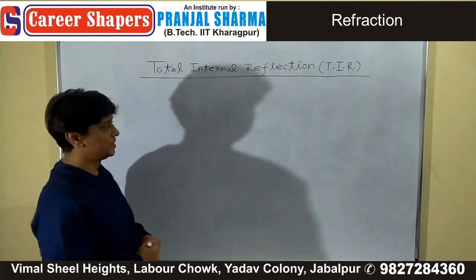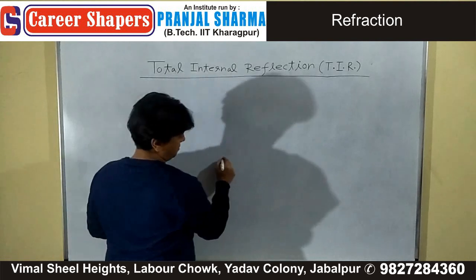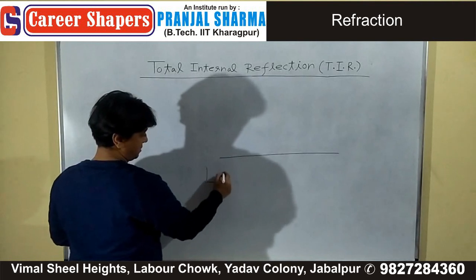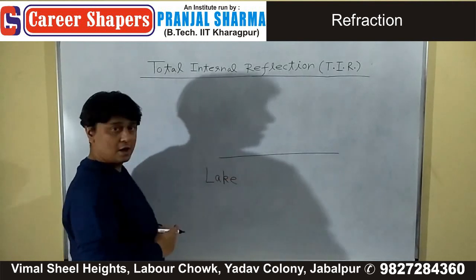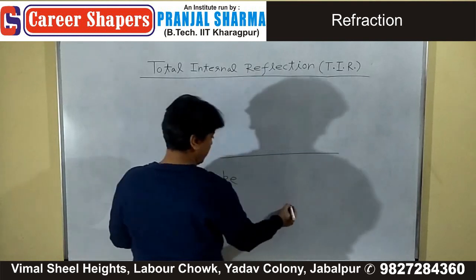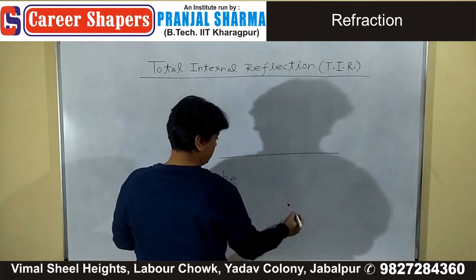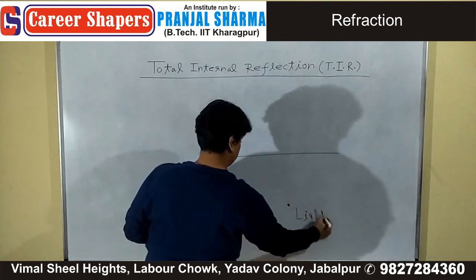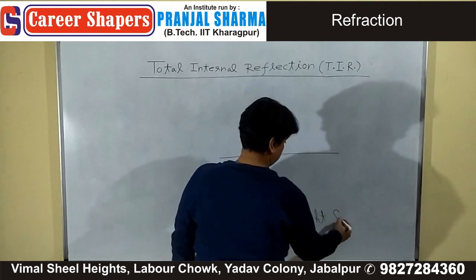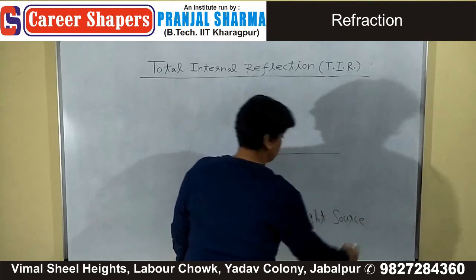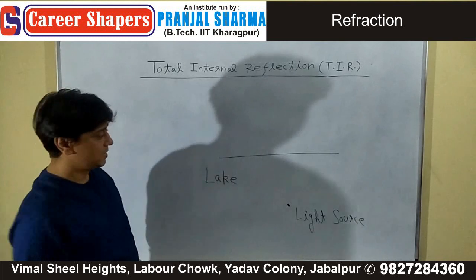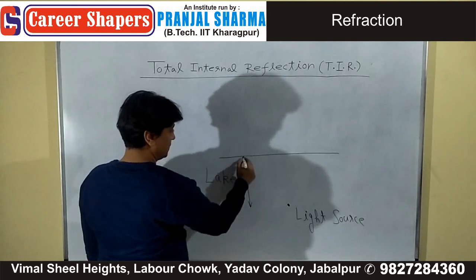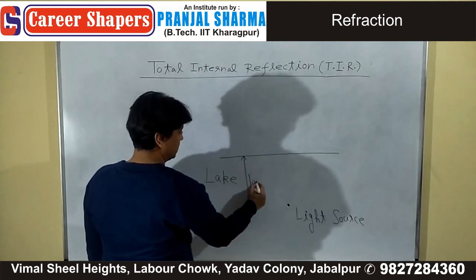Look at this question based on total internal reflection. Let's say we have a lake and at the bottom of the lake we have a light source. Let's say a bulb is there, light bulb, and depth of this lake is 10 meters.